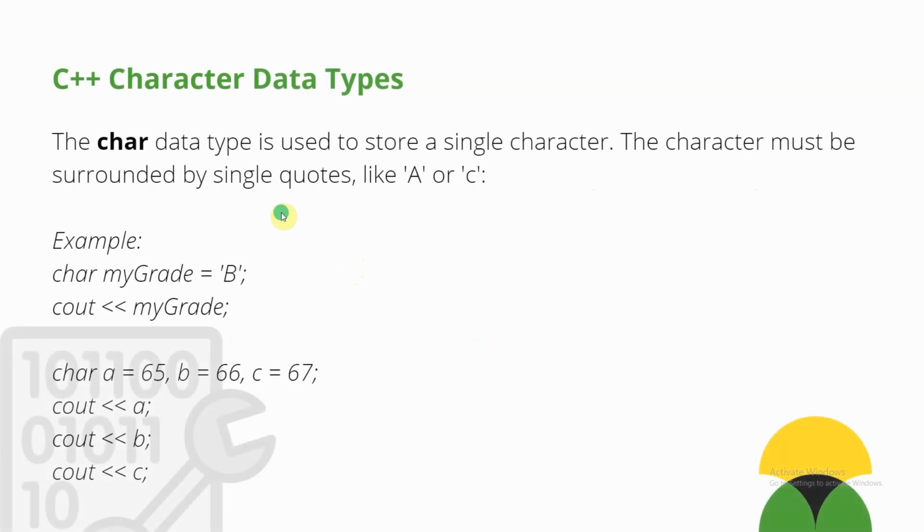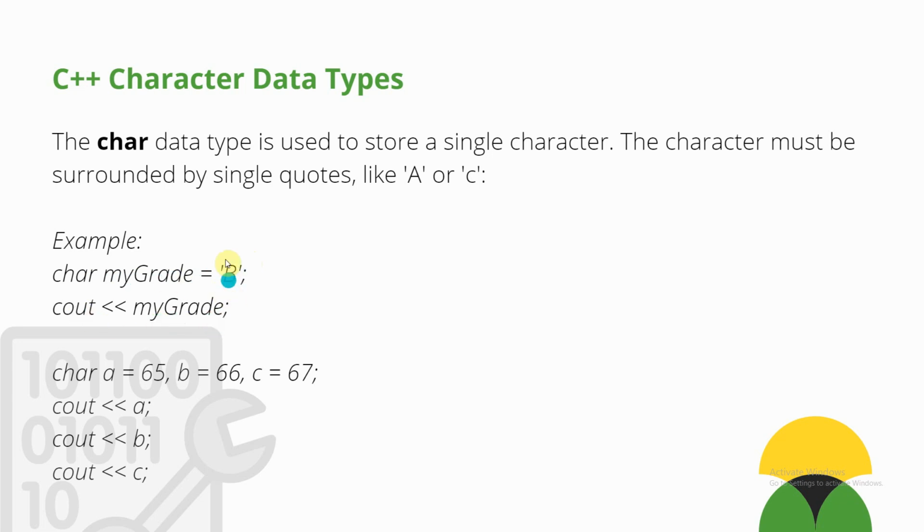So for character data types, represented by char, used to store a single character, no? Examples are A and C, the same as with your mathematical variables, using single letters, and it's surrounded by single quotes for its declaration. So in this example, char myGrade equals 'B', then it will cout myGrade.